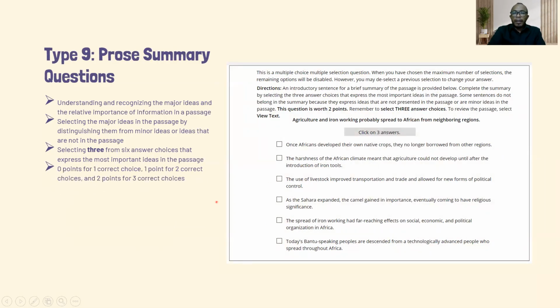And in terms of the scoring, you will get 0 points if you can only identify 1, or of course if you couldn't identify any of the major ideas. Okay, now you can still get 1 point if you can correctly identify 2 of the correct choices, and you get the complete 2 points if you can identify all of the 3 correct options.